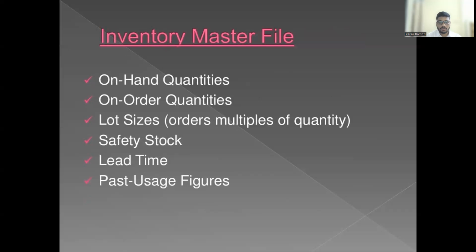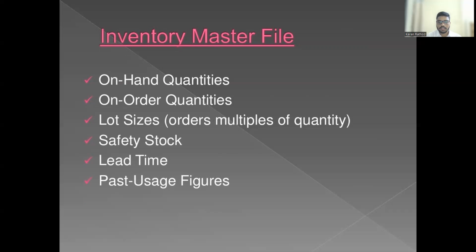Inventory master file: on hand quantities, on order quantities, lot sizes, safety stock, lead time, past usage figures. On hand quantities are what is available, on order quantities are quantities which are ordered, and lot sizes show in what lots the quantities are ordered.